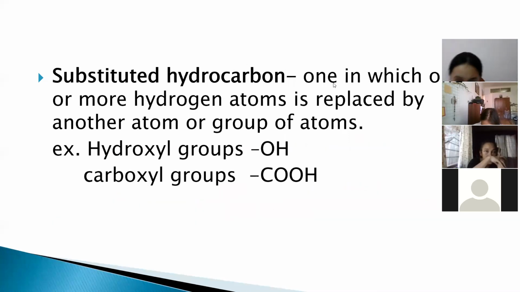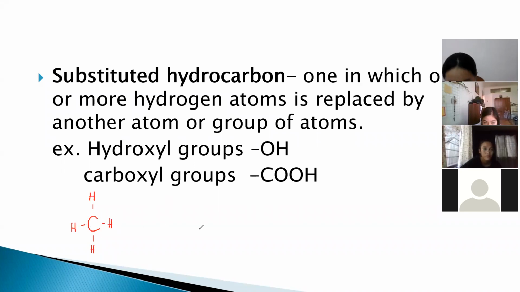Wait lang, substituted hydrocarbon. Supposedly kasi, di ba, carbon, meron siyang 4 na valence electrons. And then hydrocarbon man. So this one, these 4 are all bonded to hydrogen.